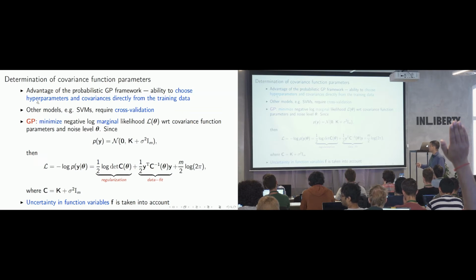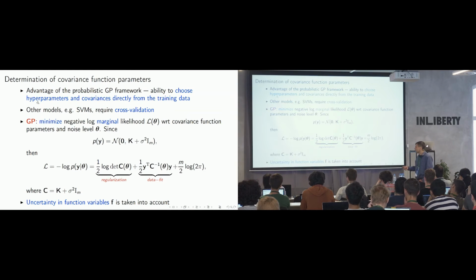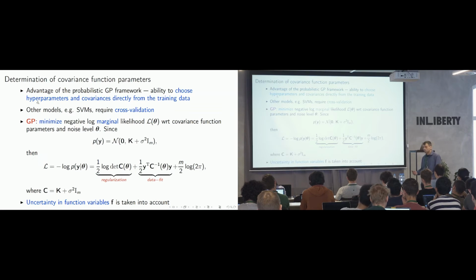This property, which follows from our prior assumption, can be used to explicitly write the minus log likelihood. Because this distribution is Gaussian, this minus log likelihood is given by this formula, where capital C is a sum of these two covariance matrices.